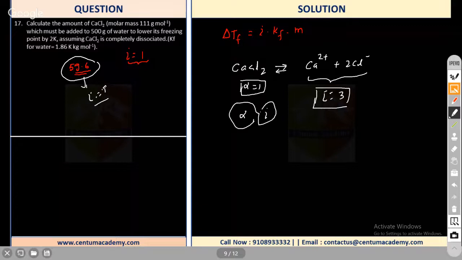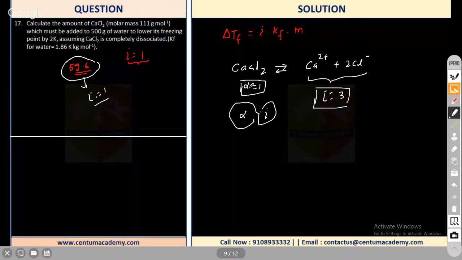Did you understand this? Sai Premnath and Sanjana, did you understand this thing? So when it completely dissociates, alpha is 1, not i. You must have got confused here only.